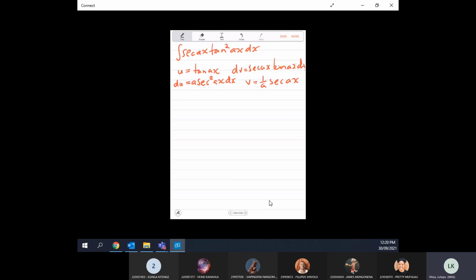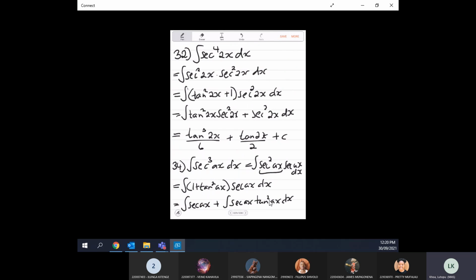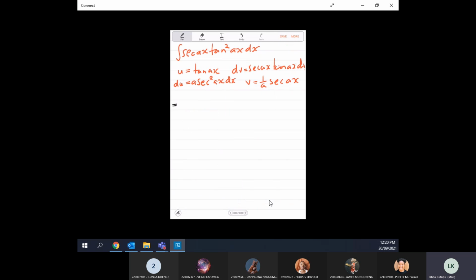So what we have is the integral of sec ax, which is 1 over a ln of sec ax plus tan ax, and then the integral of this one in red, sec ax tan squared ax, is u times v.